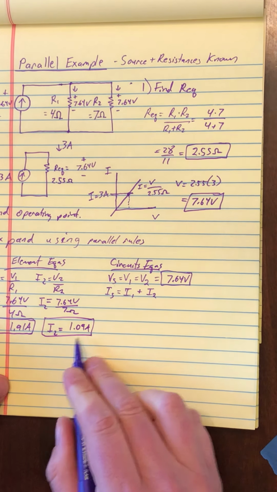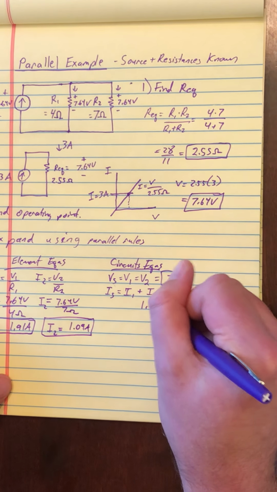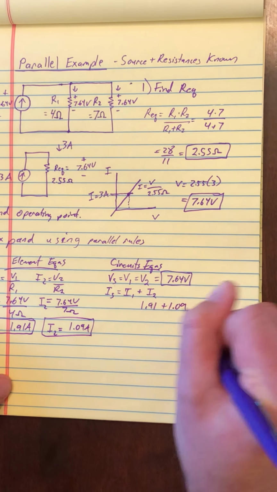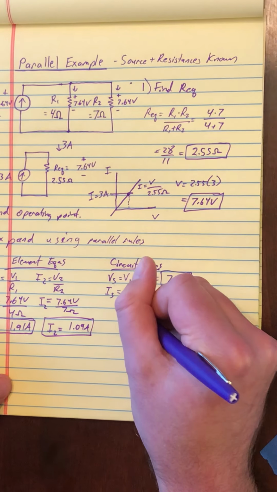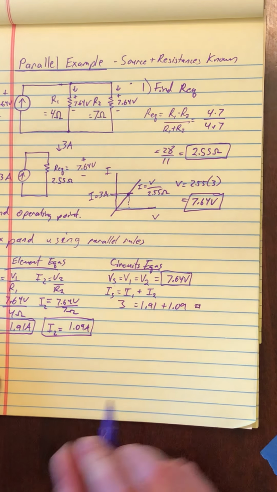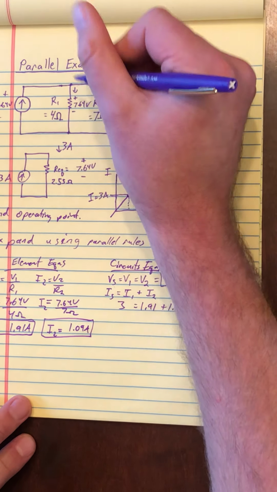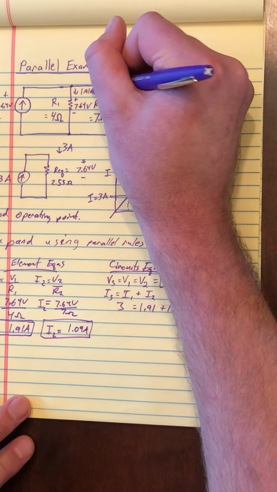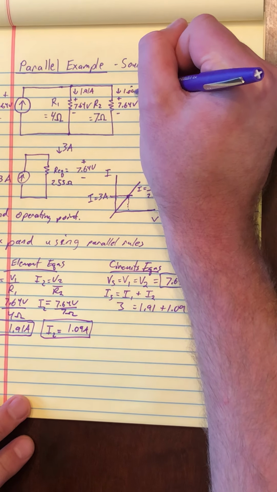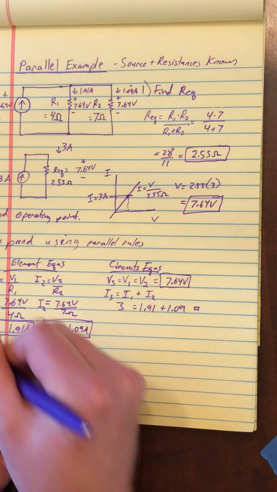And then I can do a check here. 1.91 plus 1.09 is indeed equal to our 3 amps. And so it all checks out. Great, so I can add these in. So this is 1.91 amps, and this one is 1.09 amps, and I'm done.